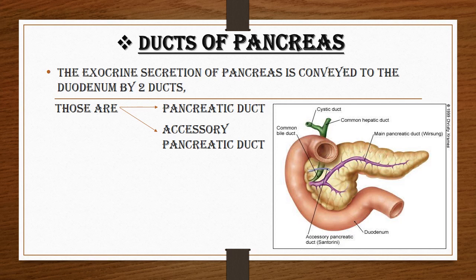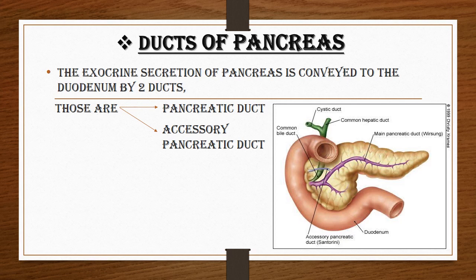As we all know, the pancreas has both endocrine as well as exocrine function. Its exocrine secretion is conveyed to the duodenum by two ducts.